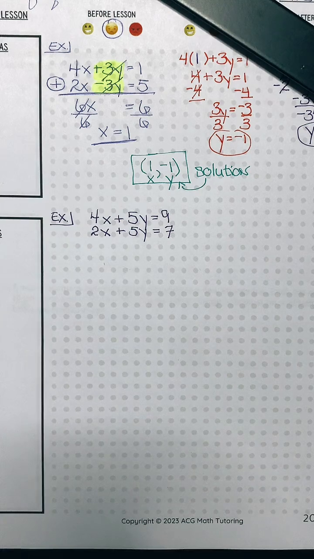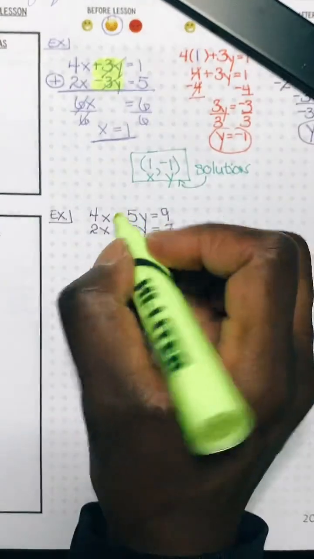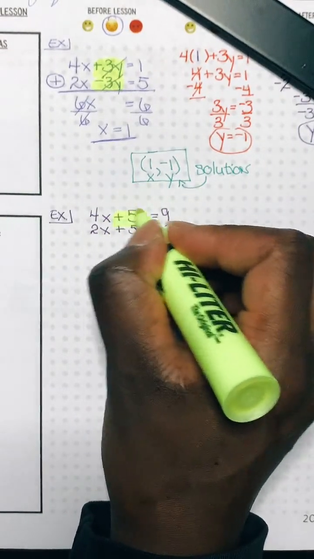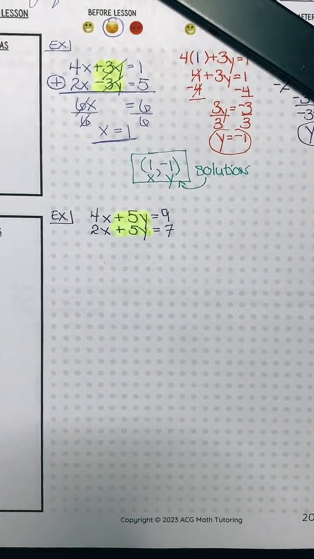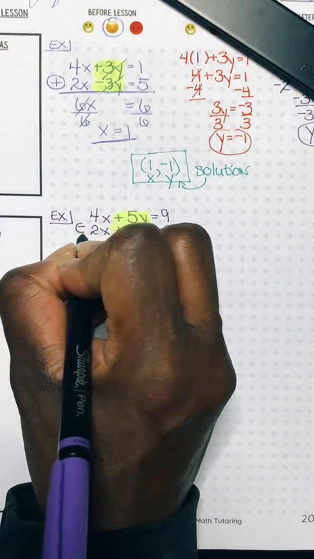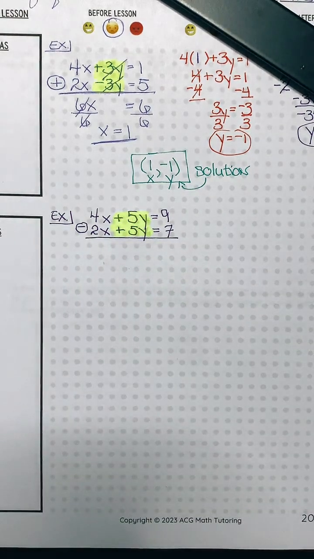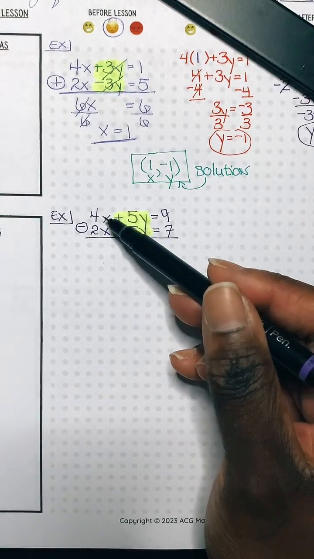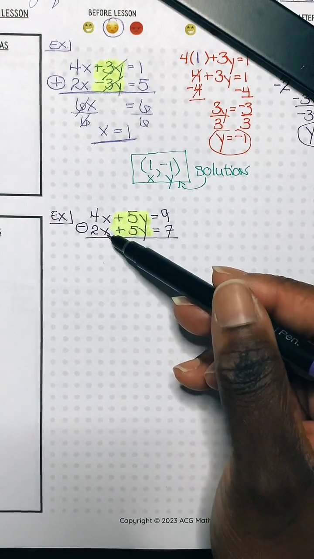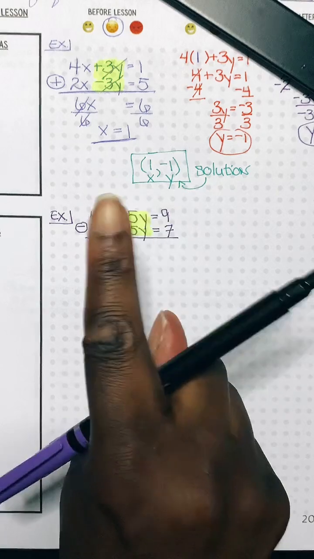So if anything, we want to eliminate our Y's. So right now, their signs are both positive. So when their signs are both positive, you're basically subtracting the two equations. Now, I know some teachers would say you're really good with adding them together, but this is exactly what happens. You would subtract the x's perfectly fine, but then you're going to add these constants. That's not what you're supposed to do.